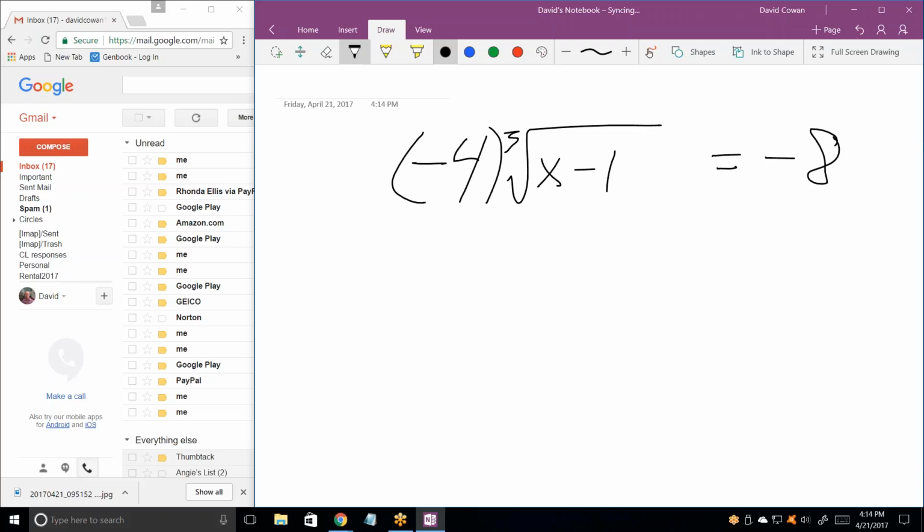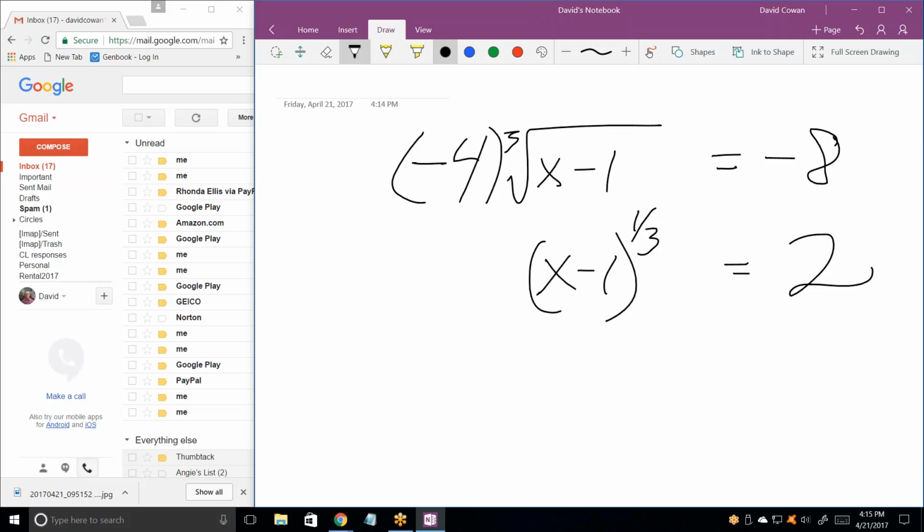Okay. First step going to be? First step is going to be dividing the negative 4 from both sides. So I'm going to write this like this. I'm going to make that 1/3. And I'm going to divide both sides by negative 4, giving me 2 there. With me? Yep. Okay, next step?